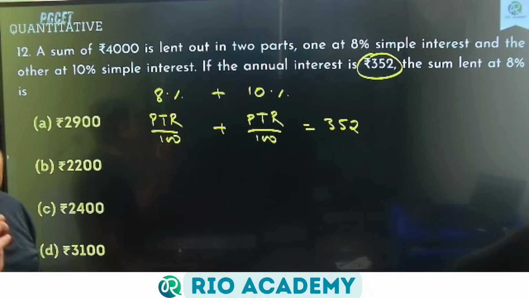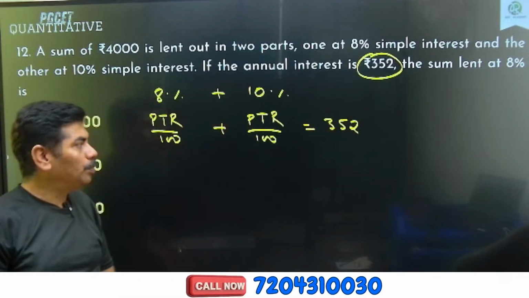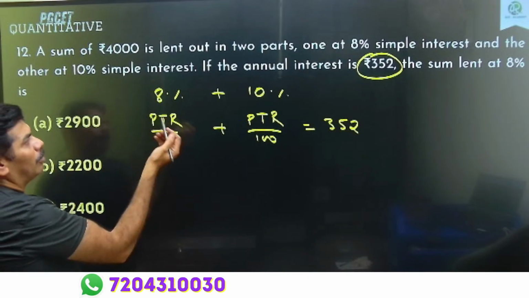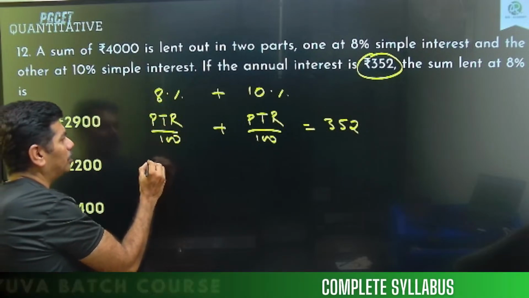Okay, the total interest is how much? 352 rupees. PTR upon 100. P we don't know. Okay, how much money he kept at 8% we don't know. What we'll do is we'll take it as P.